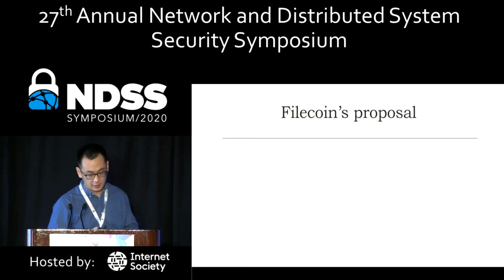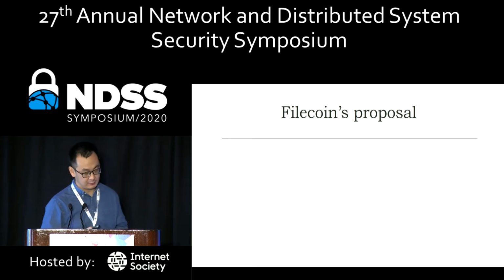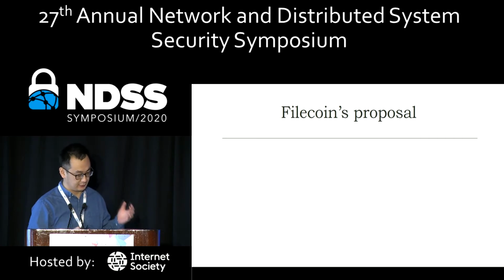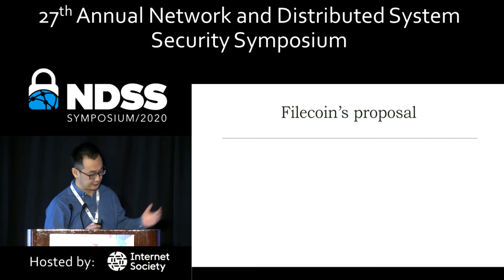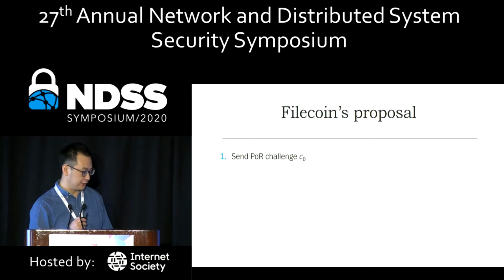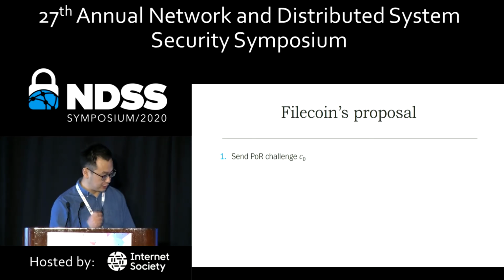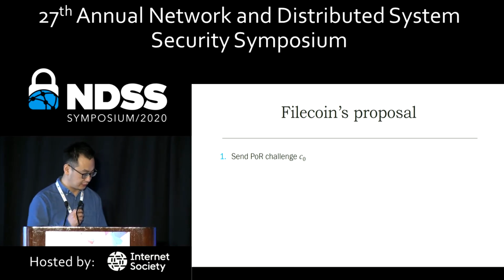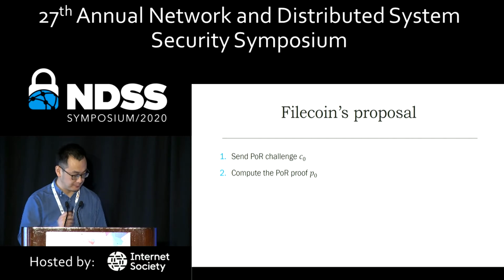In the Filecoin white paper, the authors proposed an ad hoc solution for this problem. The idea is, first of all, the data owner sends a POR challenge C0 to the server, and the server computes the first POR proof P0.